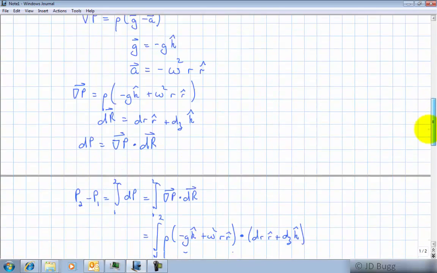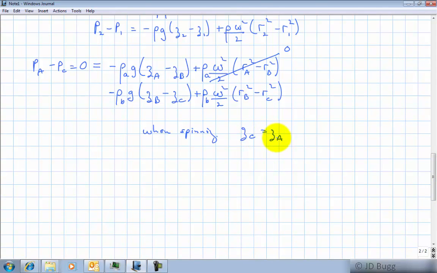So that's why down here I've said ZC equals ZA. So therefore, ZB minus ZC is equal to ZB minus ZA. Right? Because C and A are the same, so B minus C is equal to B minus A. So that's fine.